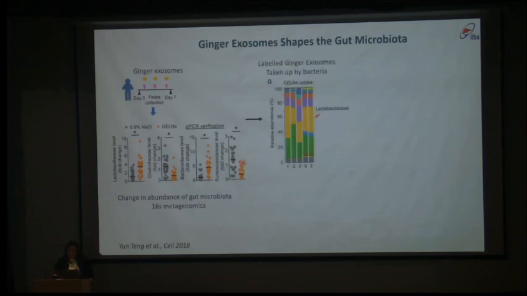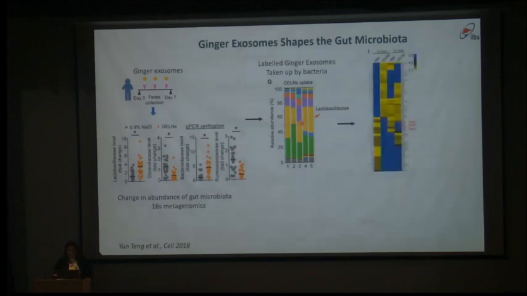Not only this, they labeled these ginger exosomes, and they found out that they were taken up by bacteria present in the microbiome. They found the Lactobacilli taxa was able to take up these exosomes, and within these Lactobacillus, the genes involved, such as LexA, and others, were all upregulated, and these are the genes involved in the differentiation of these bacteria.